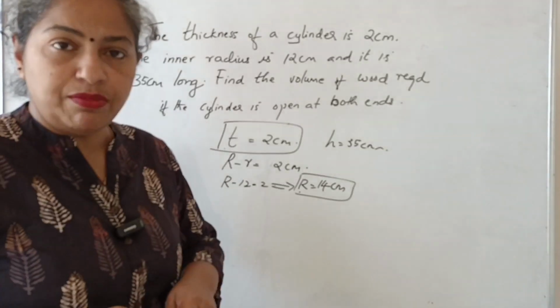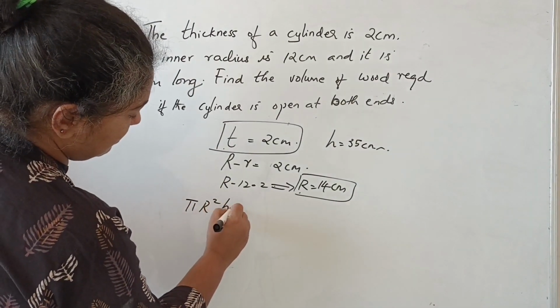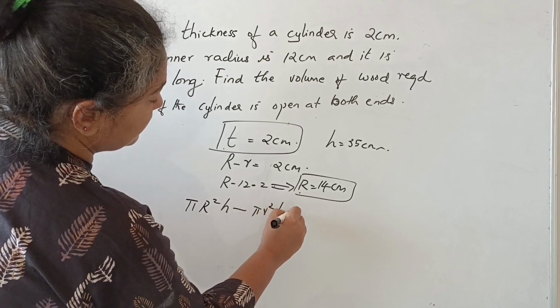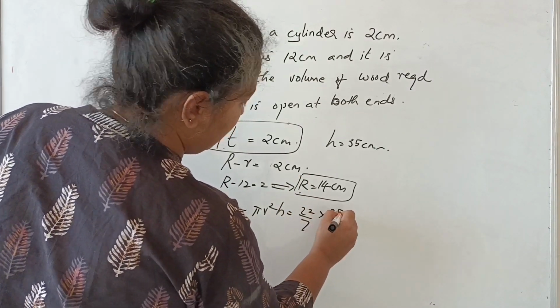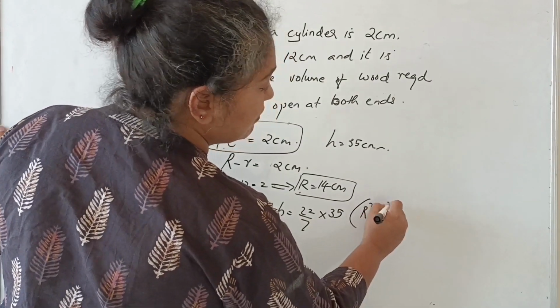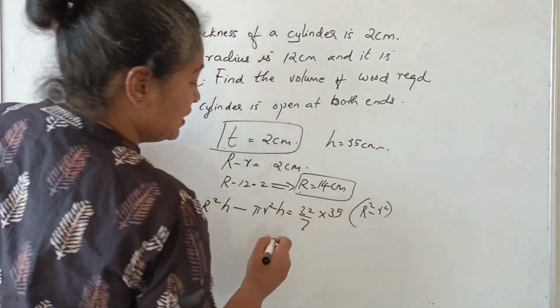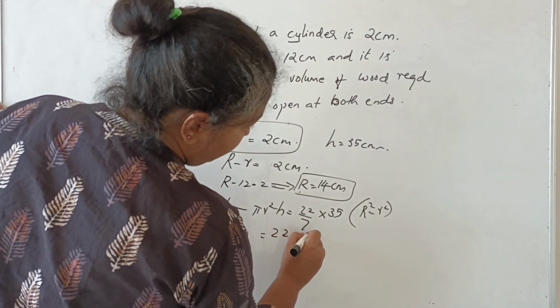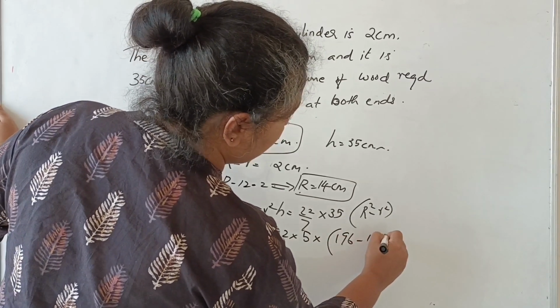Now I need to find the volume of the wood required. You know that the volume of the wood required is given by pi, capital R square h minus pi small r square h. Because pi and h are common in these two terms, I will be taking it out because I don't want to keep multiplying with it each and every single time I am approaching this particular question. So 196 minus 144.